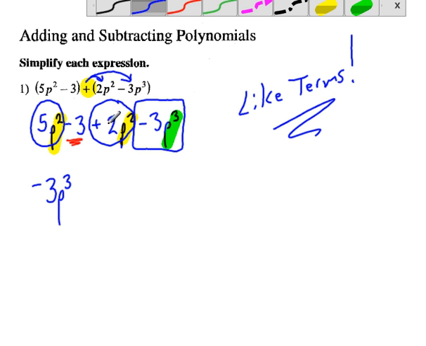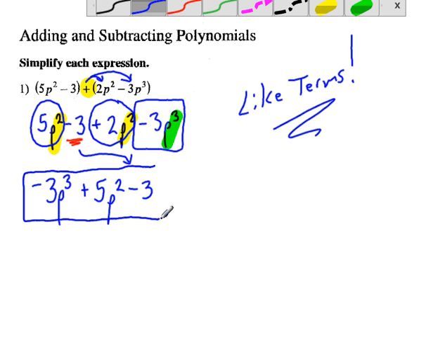And notice I include the sign when I circle or put a square around like terms. It's going to tell me what I'm looking at. But the problem I'm working is 5p to the 2nd plus 2p to the 2nd, which gives me a positive 7p to the 2nd. The one I haven't used yet is this minus 3, and that's just going to essentially drag and drop right here. All right, I am done with that problem at that step.